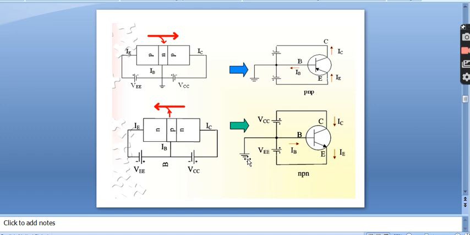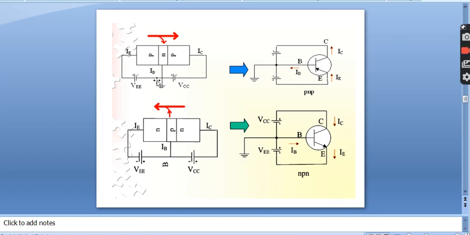In a PNP transistor, the N-type semiconductor layer is called the base, and the other ends are the emitter and the collector. Here the N terminal is connected to ground, which is common for both input and output. The emitter junction is forward biased and the collector junction is reverse biased.